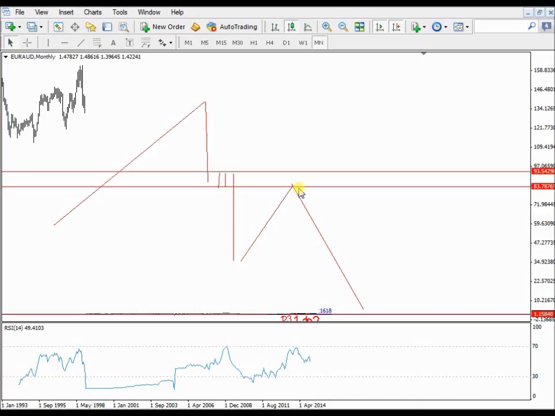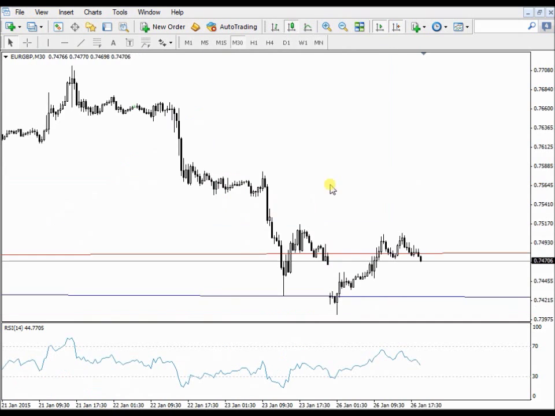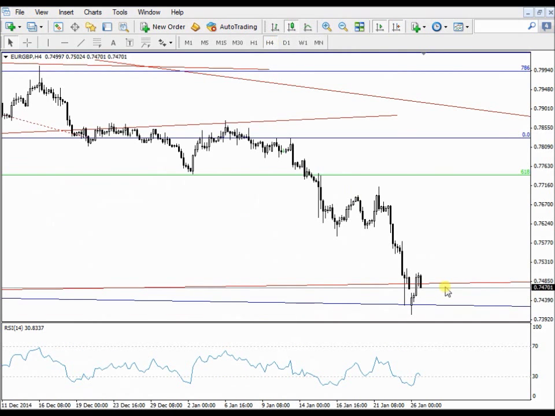Alright, the difference between demand and supply and resistance and support. You know what resistance and support are, highs and lows. Let me explain what resistance is. If you look at the market, if you go up and you get a high, that is resistance.